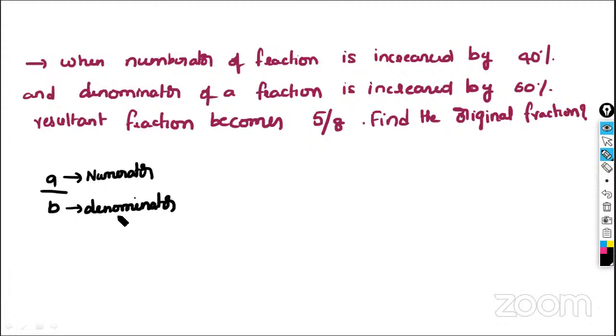Anyone? The chat is enabled now. Try to give answers, whether it is wrong or right, don't worry. 5 by 7. Whether it is correct or not, I will tell after some of you answer.